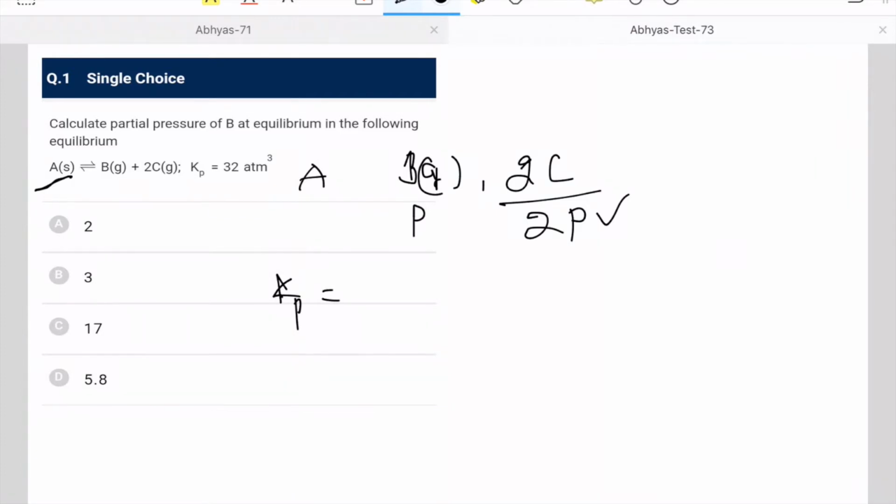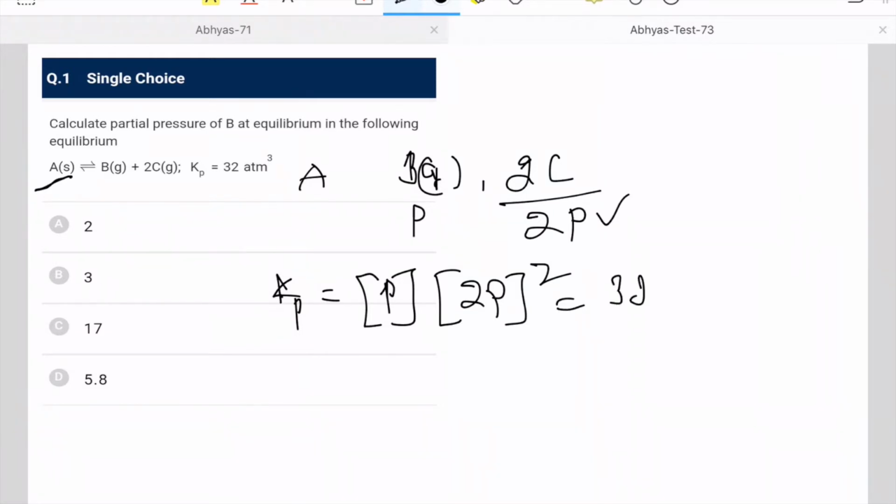So Kp we can write down as P into (2P) squared is equal to 32 atmosphere. If you do it up, this will come as 4P cubed is equal to 32.